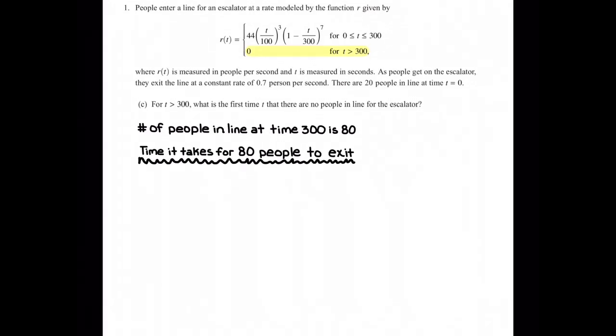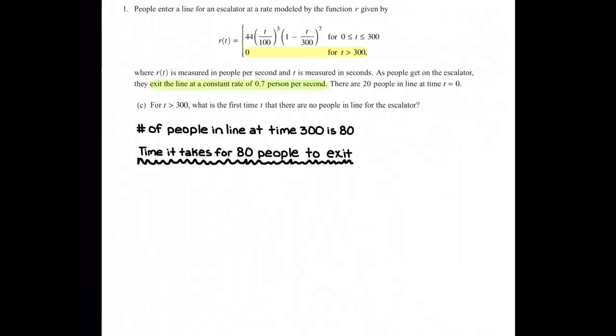Since people are only exiting the line after time 300 seconds, we just need to figure out how long it will take for the 80 people that are in line at 300 seconds to exit. People exit the line at a constant rate of 0.7 person per second. Using this information, we can set up a ratio to figure out how long it will take for 80 people to exit.